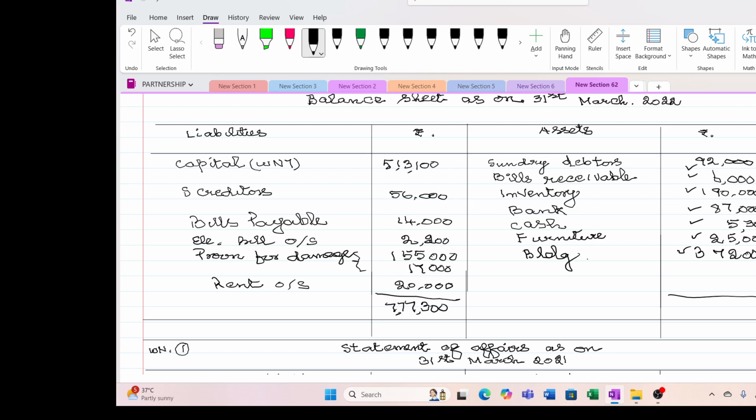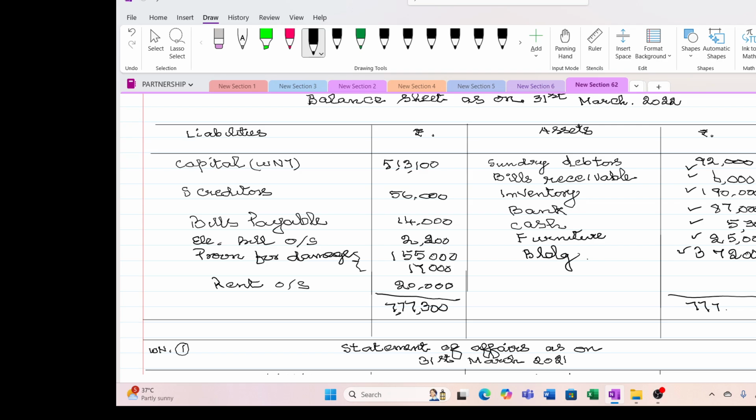Let me check the total: 92 plus 6, 98,000 plus 190,000 plus 87,000 plus 5,300 plus 25,000 plus 3,72,000 is 7,77,300. So our balance sheet matches here.